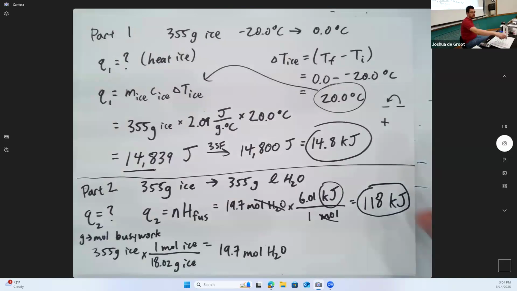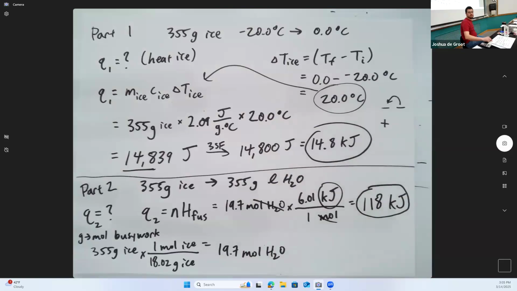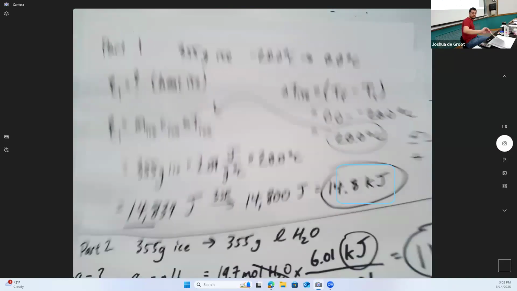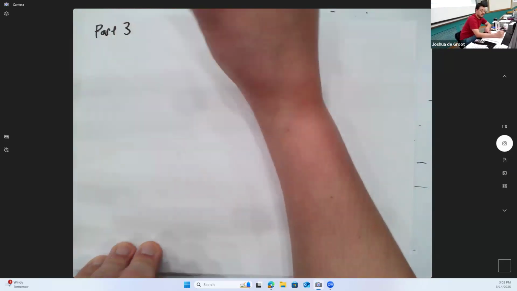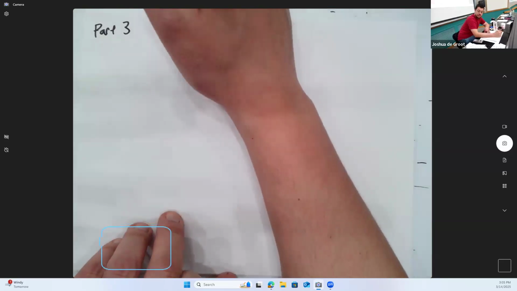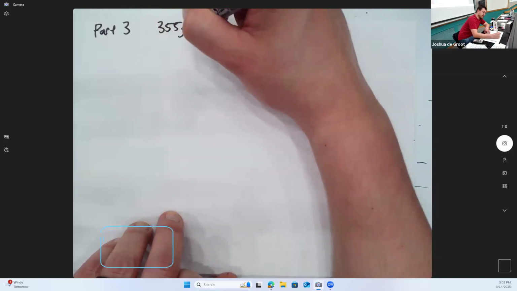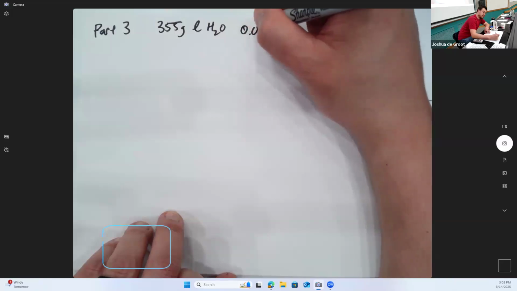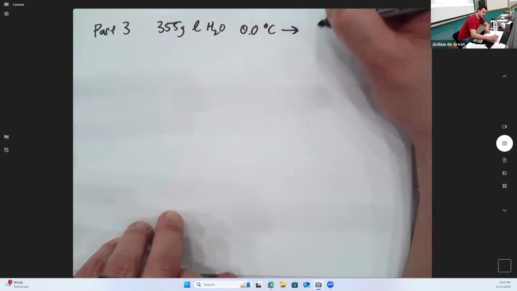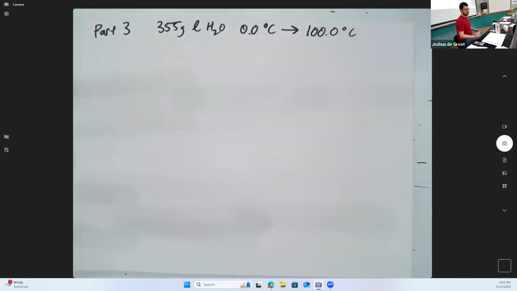All right, we've done a temperature change, we've done a phase change. Now finally we have a part 3. And we're going to do 355 grams of liquid water from 0.0 degrees Celsius right up to the boiling point.